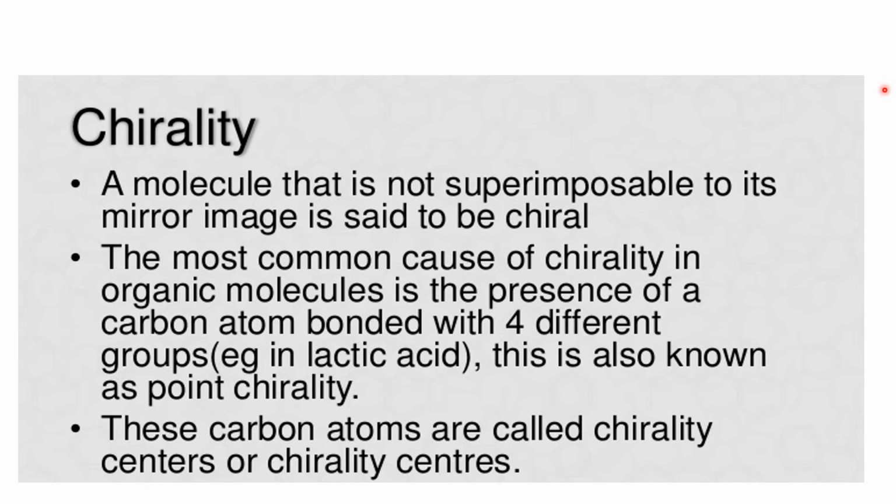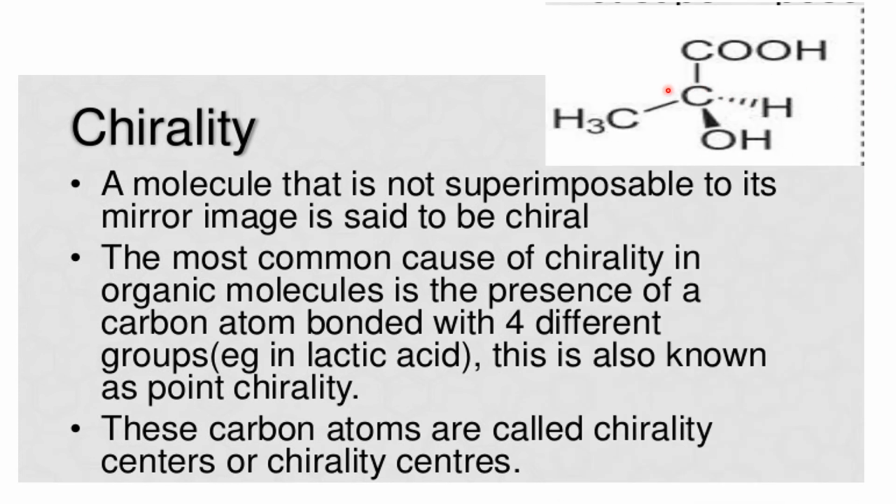For example, in lactic acid, this is the central carbon atom, and this chiral carbon atom or stereogenic center or asymmetric carbon atom or chirality center has four different groups. One group is CH3, one is OH, one is H, and another is COOH.